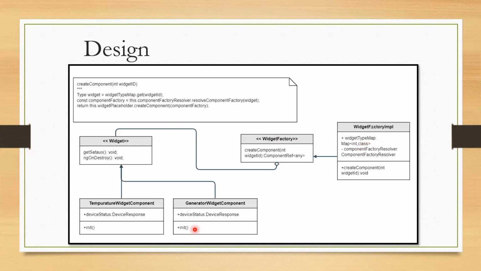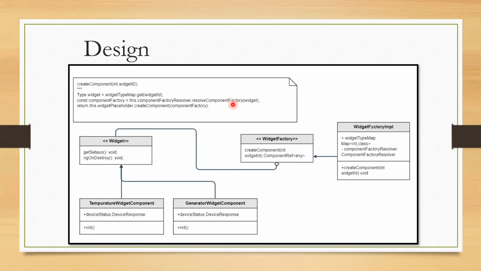This class is the temperature widget component, and likewise there can be other integers. One integer is mapped to the temperature widget component, and the other integer is mapped to the generator widget component. From that map, we get a widget class, and with the Angular factory, we create that widget and return it.